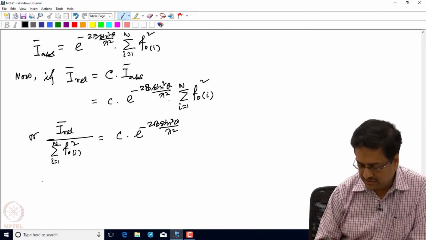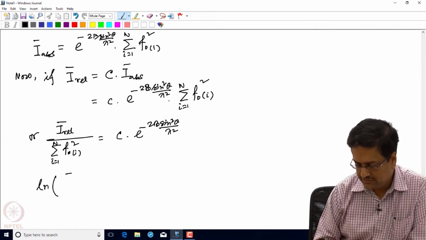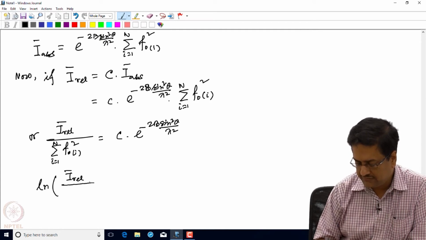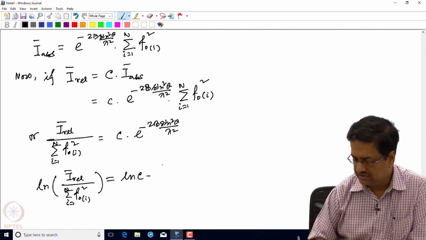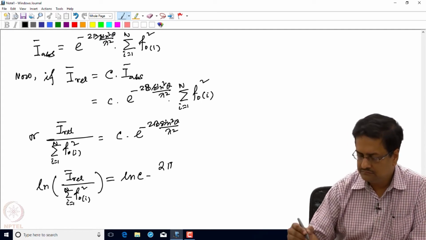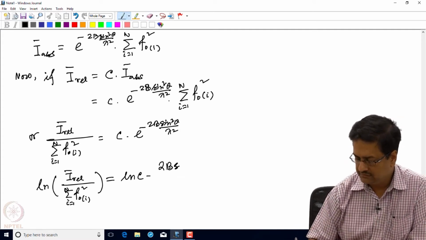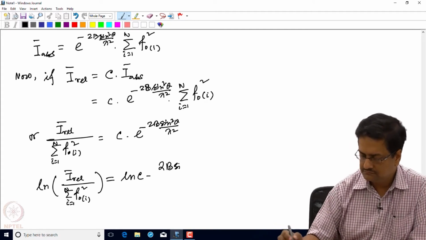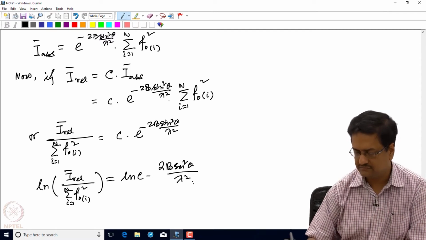By taking natural logarithm on both sides, we can write ln I relative by sum over i equal to 1 to n f0i square equal to ln C minus 2b sine square theta by lambda square.